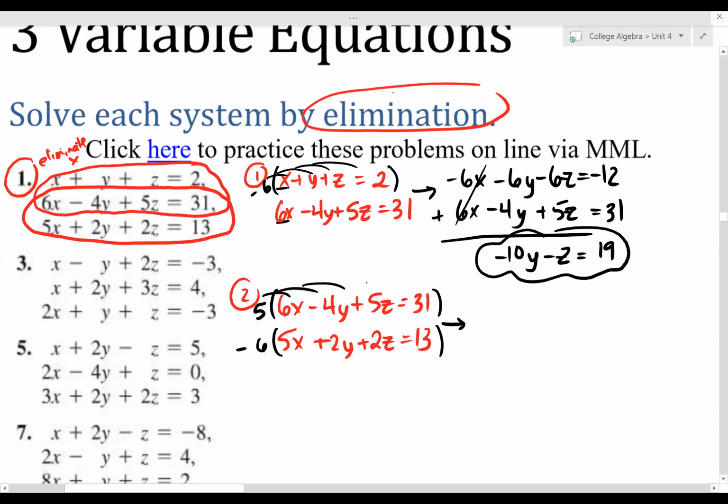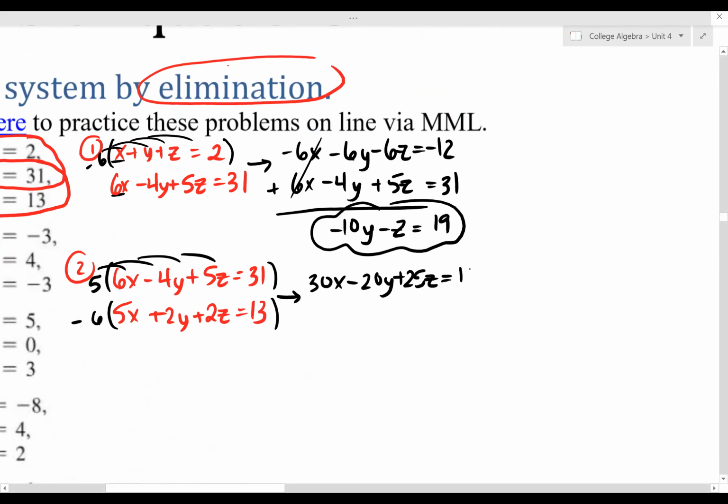So as I distribute 5 across the first row, I get 30x minus 20y plus 25z equals 155. Scoot that over a little bit.